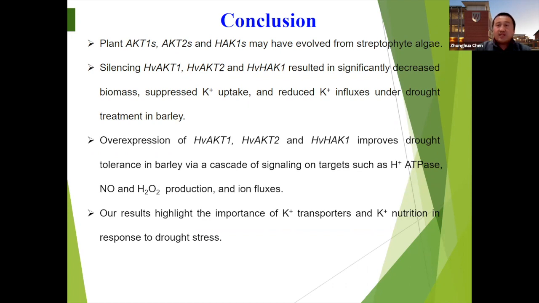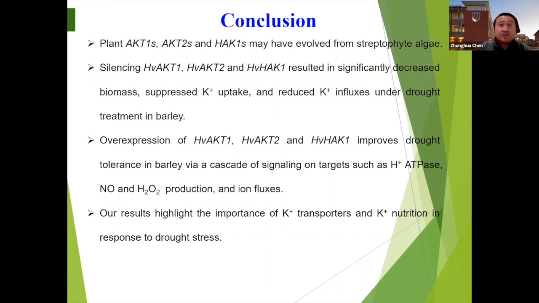Those are mainly linked, especially with proton homeostasis, and of course disrupting those potassium transporters will definitely affect the potassium uptake as well. And also there is a significant role for nitric oxide and hydrogen peroxide production in root and leaf cells, regulating drought tolerance in those transgenic lines.